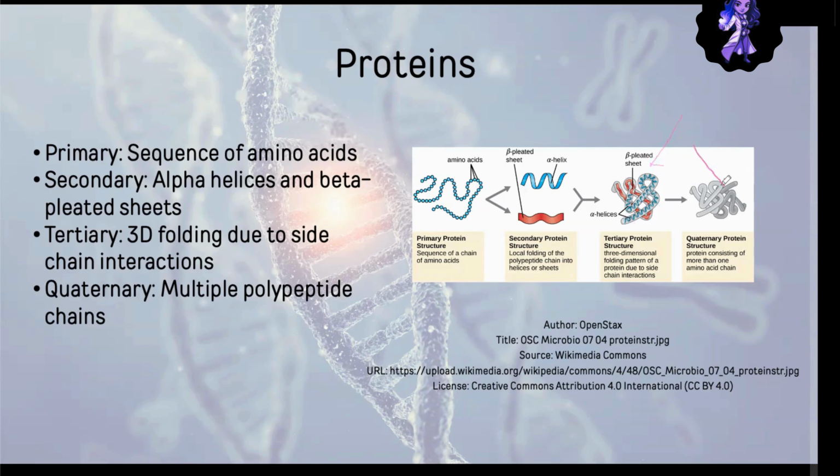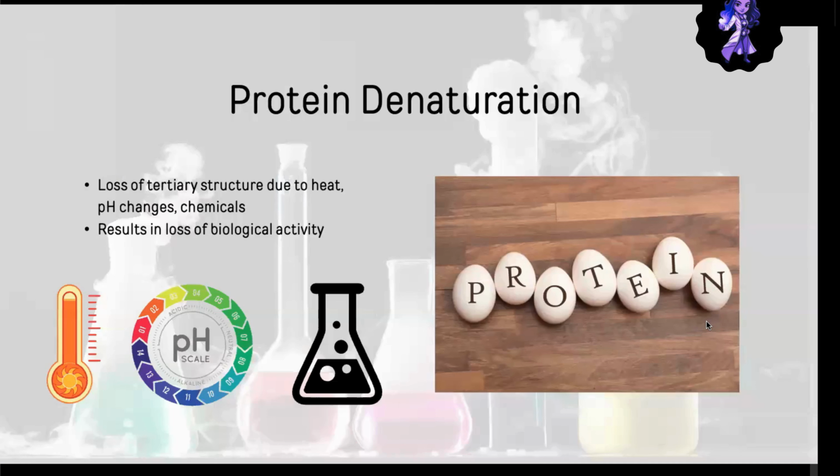And lastly, you can have quaternary proteins, which is this idea of multiple polypeptide chains together. Now, with proteins, I want you to think of the most common type of protein, which are enzymes. So enzymes come up a lot in biology, and that's because they have very unique characteristics and they're very important for the functionality of the human body.